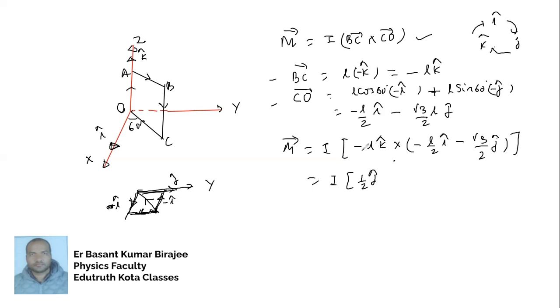And here, if you multiply minus minus, it is a plus, k cross j will be minus i. So you have minus here, and root 3 by 4 i.